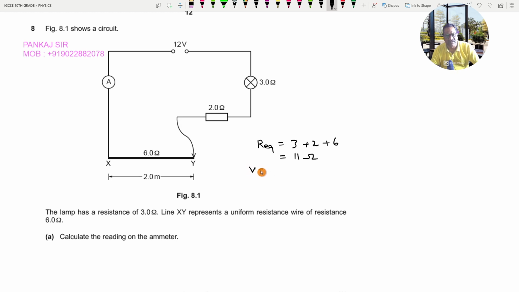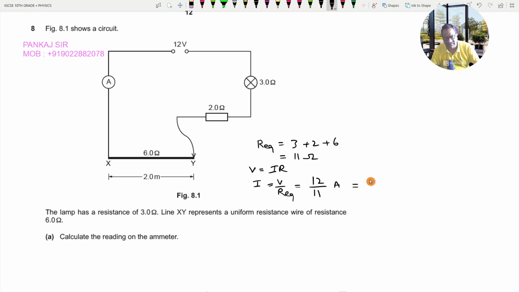We know that V is equal to IR. So if we want to find I, I will be equal to V upon R. Now this R will be nothing but R equivalent, and V will be the supplied voltage, that is 12. So 12 divided by 11 will give you the value of the current coming out from the supply, and that will be in amperes.